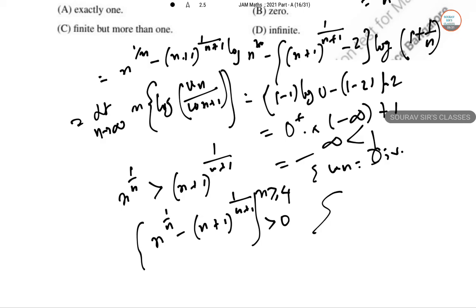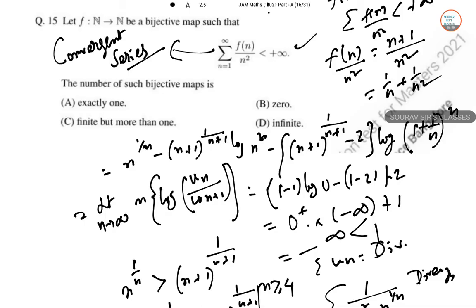So this series, summation of 1 by n squared minus n to the power 1 by n, also diverges. Therefore series 1 and 2 both diverge. Hence if we see the options, both are this. So the answer to 15 is B.